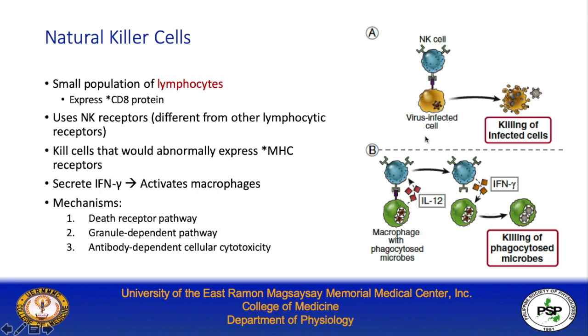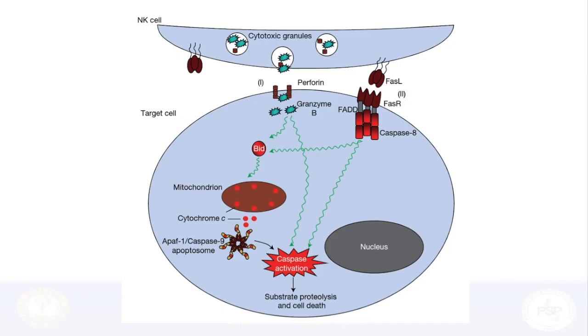Or the NK cell can secrete interferons, which would activate other immune cells, and then these immune cells would be the ones killing the cell. This picture shows us the different mechanisms by which the natural killer cells act.